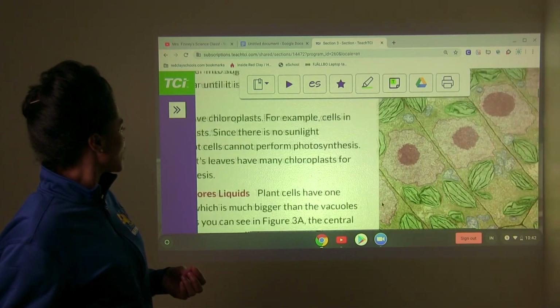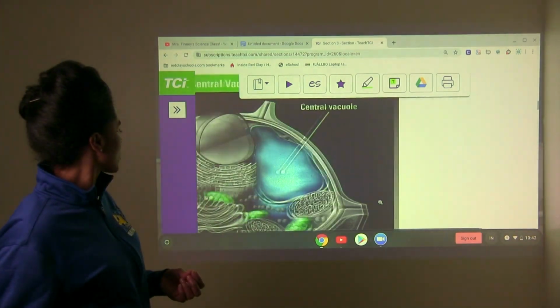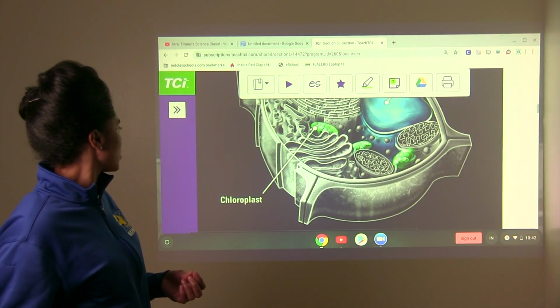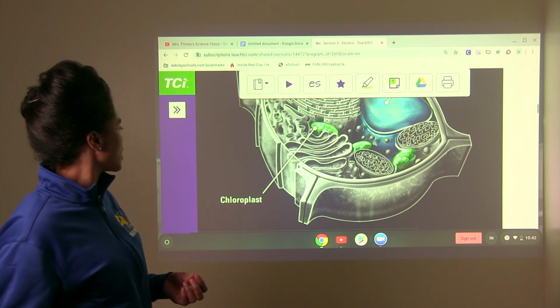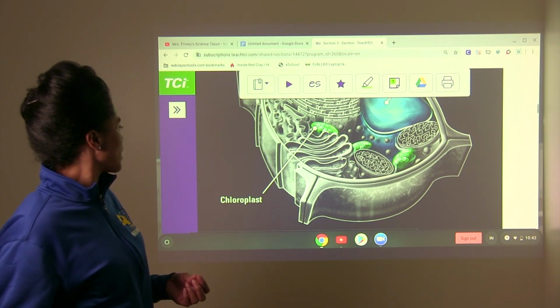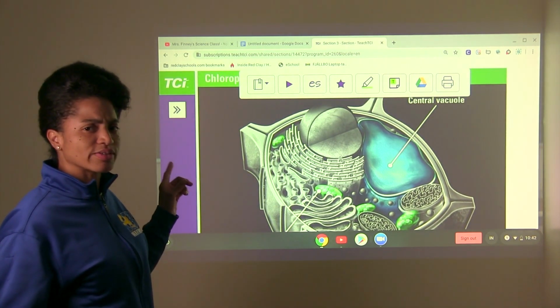I want to take you to an image of what we're talking about. Okay, right here, we have a plant cell. And these green pieces are markings for chloroplast. You're going to notice, just looking at the plant cell, shaped a little differently, right?